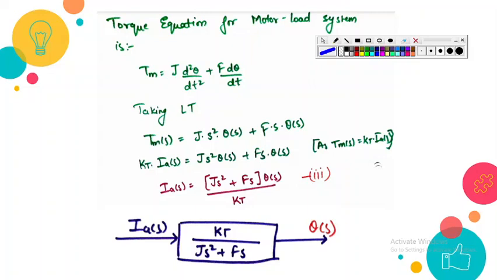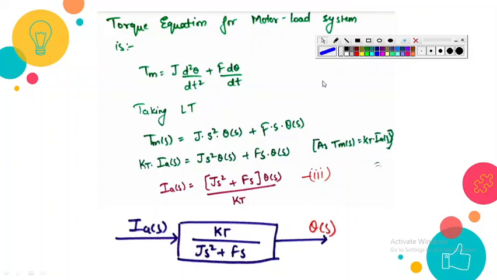Now what is the purpose of using that motor? Your motor actually has to drive the load. Whatever torque is required by the load, that much torque has to be provided by the motor. Motor torque should be equal to the load torque requirement.